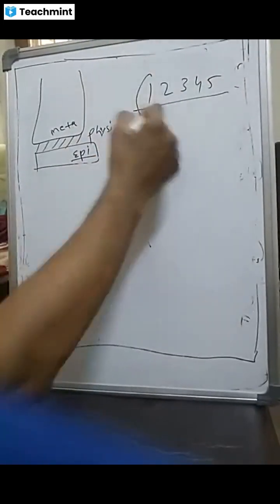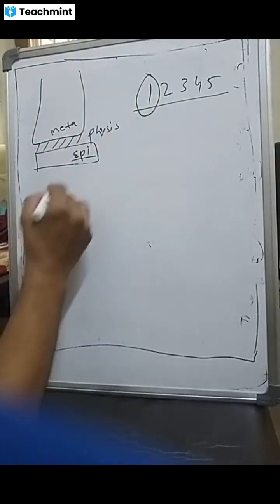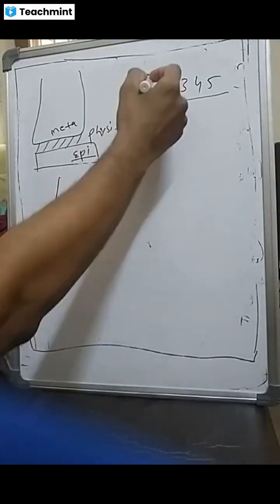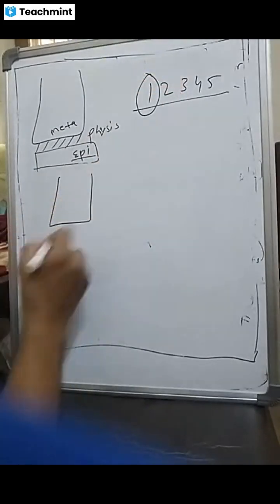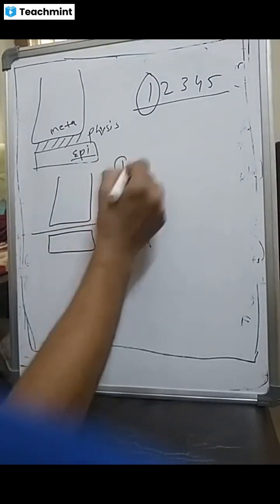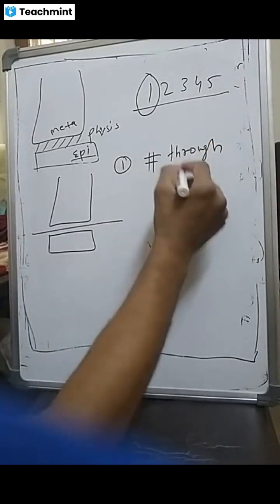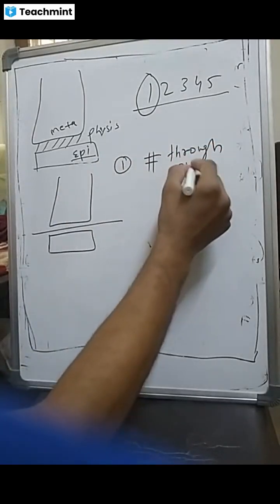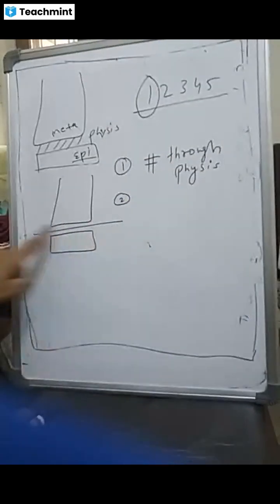First we'll see type 1. Type 1 is a fracture through the physis, through the growth plate.